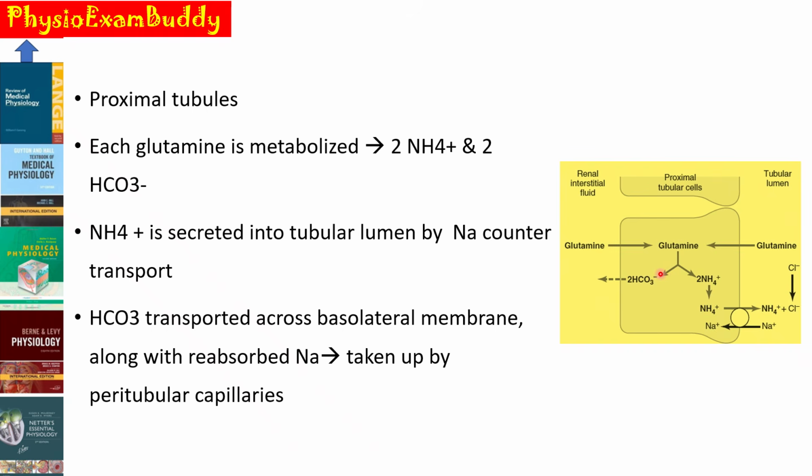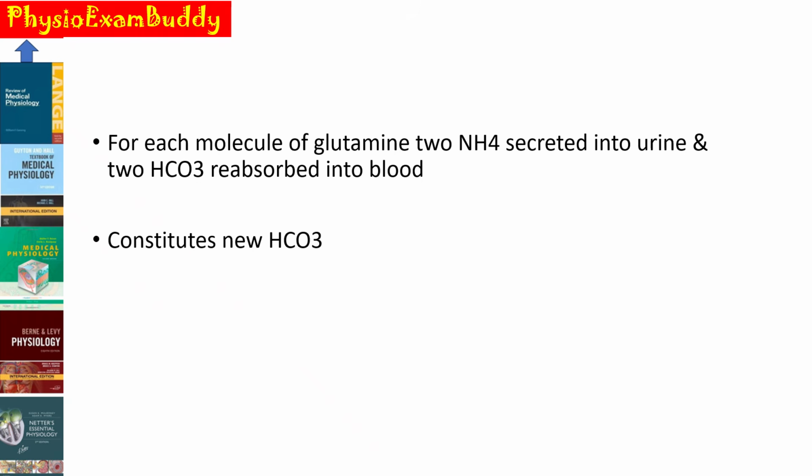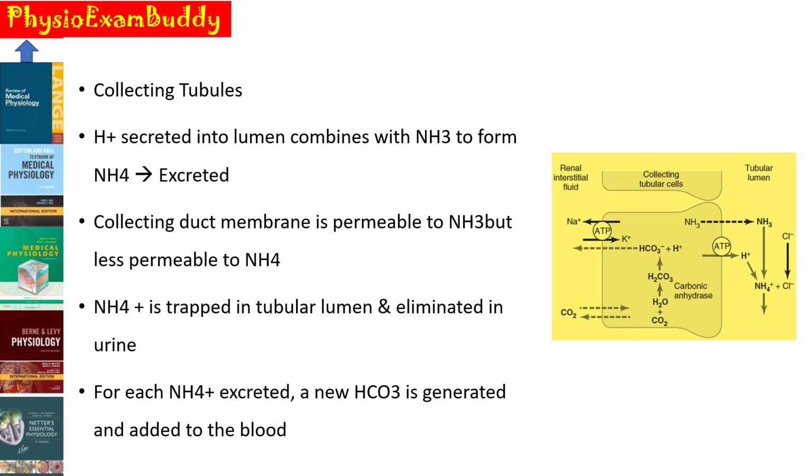And this HCO3- will be transported across the basolateral membrane along with the reabsorbed sodium, taken up by the peritubular capillaries. So for each molecule of glutamine, two ammonium ions will be secreted into the urine for the excretion of the H+. Along with that, two HCO3- is also reabsorbed into the blood, which will constitute the new HCO3, or this is the newly generated HCO3.